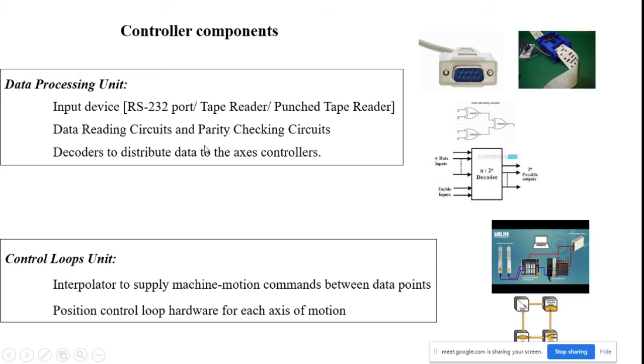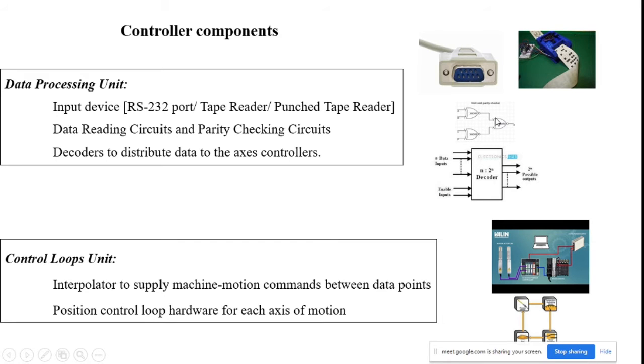After that, data reading circuits and parity checking circuits like this diode circuit. After that, the decoder is used to distribute data to the access controllers. So the RS-232 cable receives the data, and the tape reader also gives the data to the machine control unit.